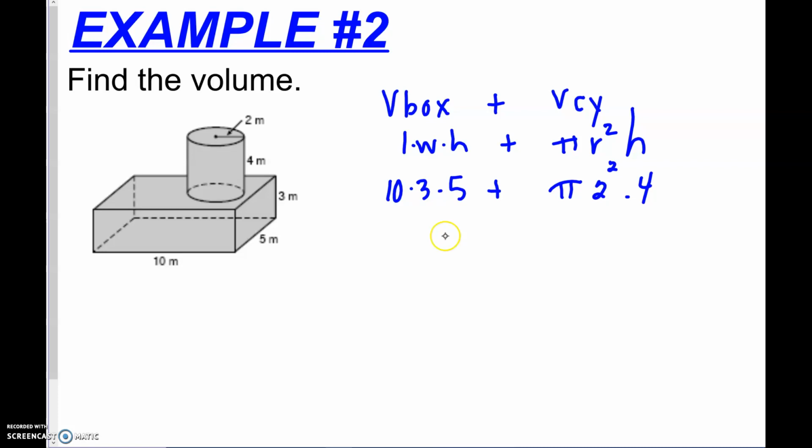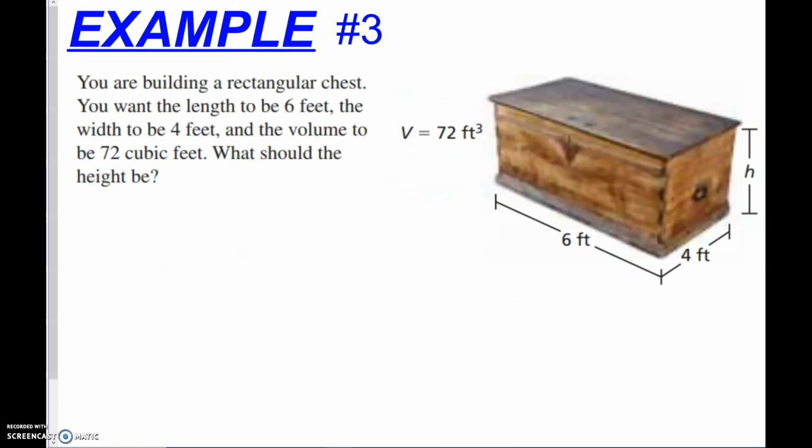So it looks like here we have 150 plus 2 squared is 4, 4 times 4 is 16 pi. So here's an exact answer in meters cubed, and then rounded to the hundredth, it's 200.27 meters cubed.